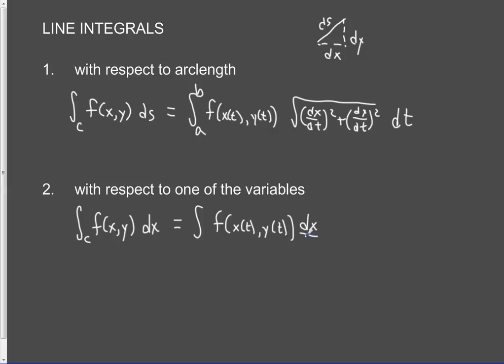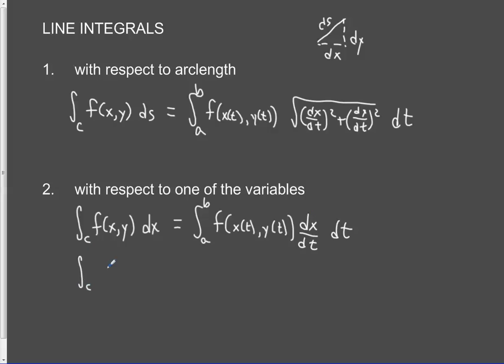Take my dx, divide by dt, and then multiply by dt, and of course that's fine, I haven't changed anything. And this dx/dt is just a single derivative that I can get from my parameterization. And then dt just says integrate with respect to t, from a to b. So instead of having a square root of a combination of the two derivatives, I simply have one derivative and no square root at all.